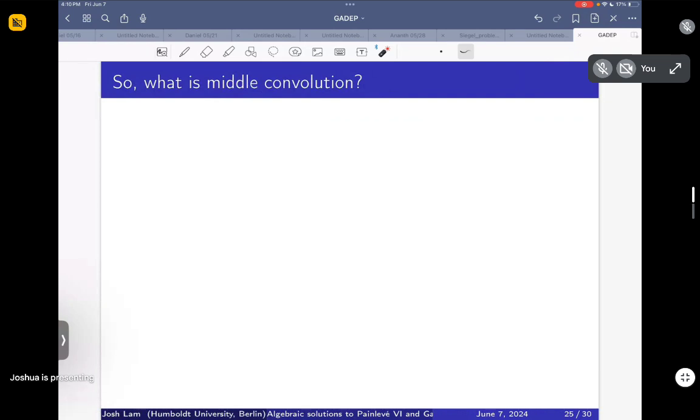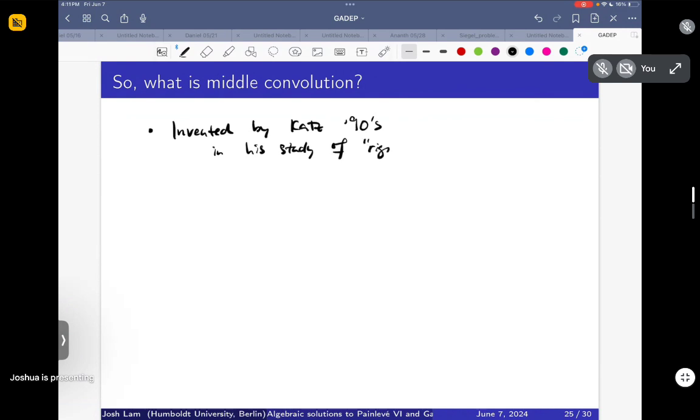Okay, so I already said a lot about middle convolution, but without telling you what it is. So let me say a few words. It's not so complicated. First, this was invented by Katz around the 90s in his study of what's called rigid local systems.